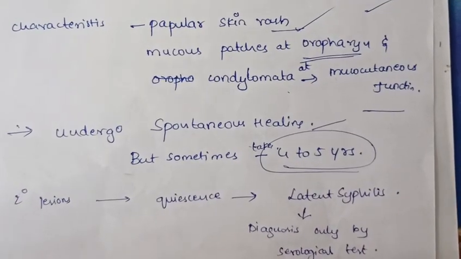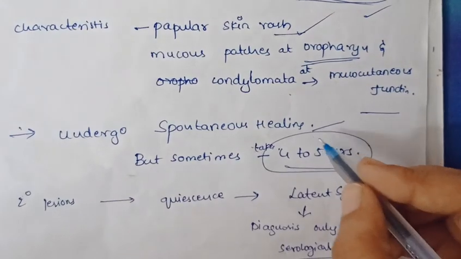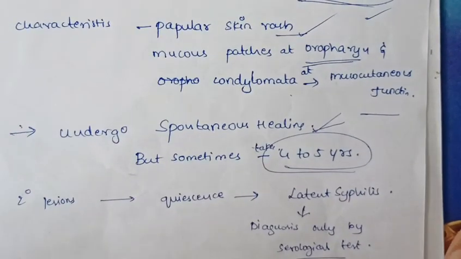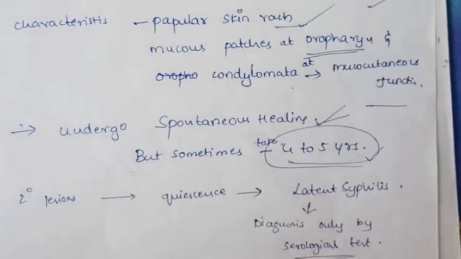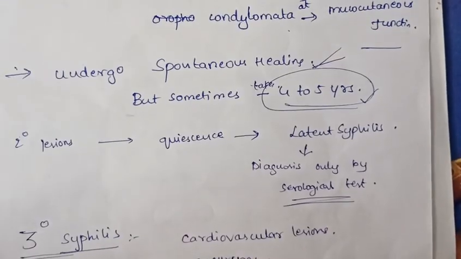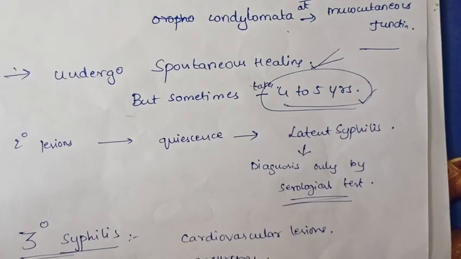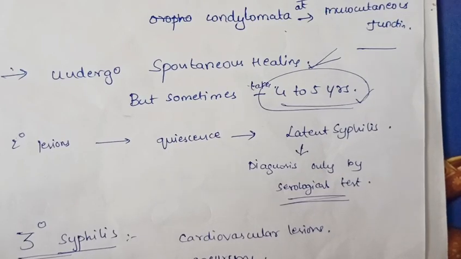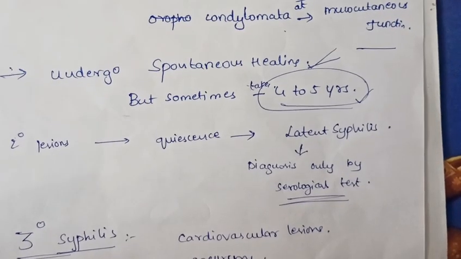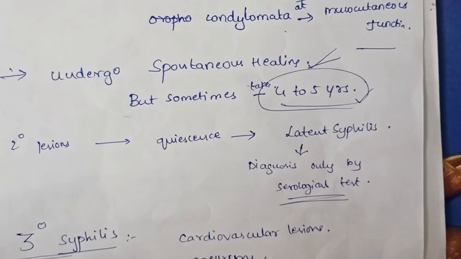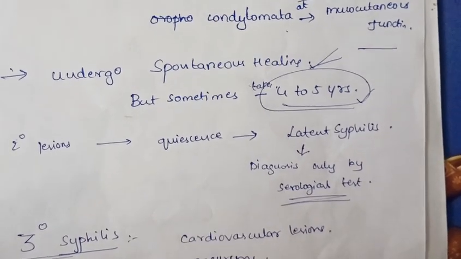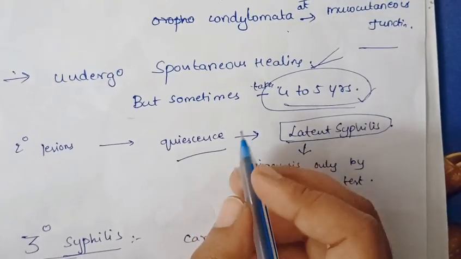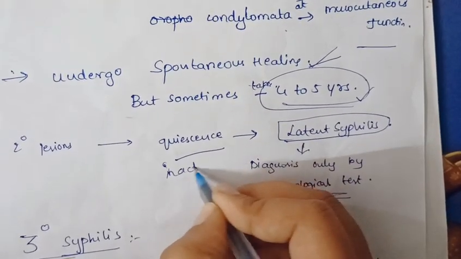These secondary infections can undergo spontaneous healing, but in some patients, like immunocompromised patients, it may take up to 4 to 5 years. Sometimes after secondary syphilis, the infection goes into a quiescent stage known as latent syphilis, which means it becomes silent or inactive for some time.